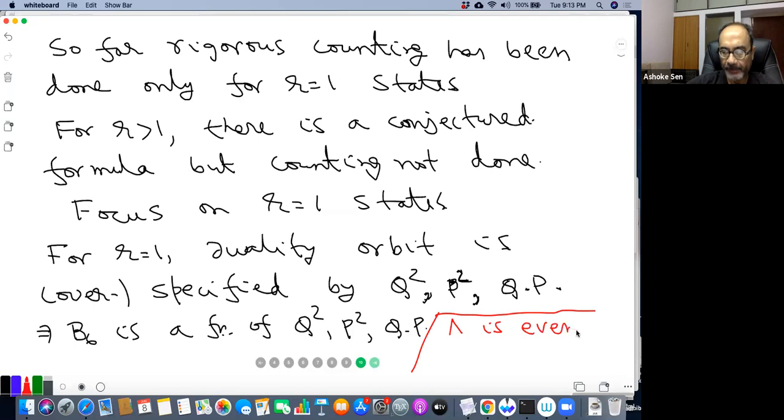It's self-dual, as I said earlier, but it's also even, which means that Q square and P square are even. Every charge vector has an even integer squared norm. Again, this will be useful.